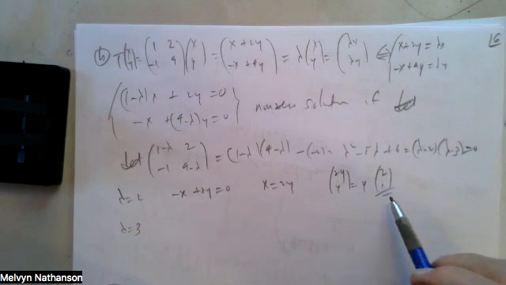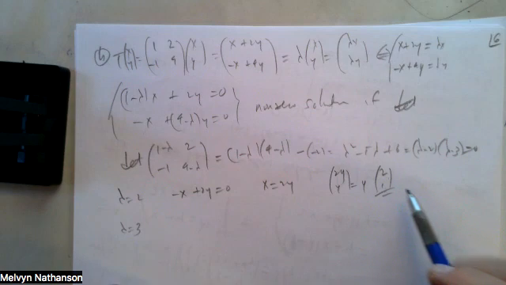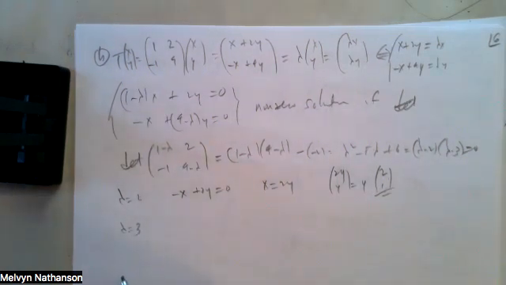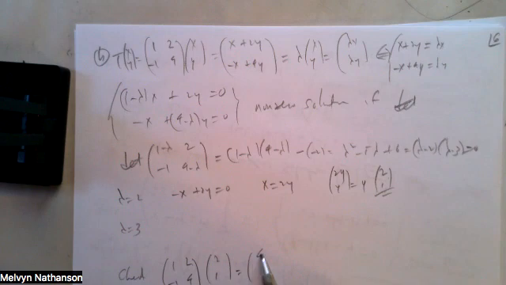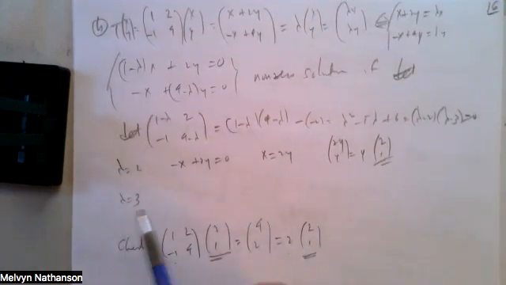So the eigenvector with eigenvalue 2 is 2, 1. Actually, let's just check. If I take 1, 2, minus 1, 4 times the vector 2, 1, I get 4, 2, which is 2 times 2, 1. So this matrix times this vector is 2 times the vector. So this is an eigenvector with eigenvalue 2.